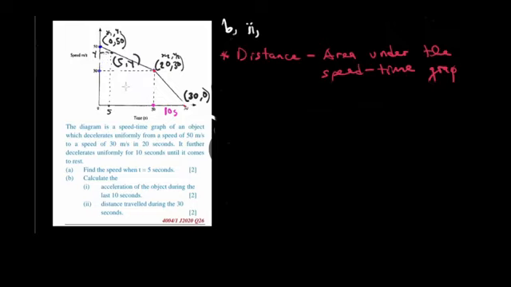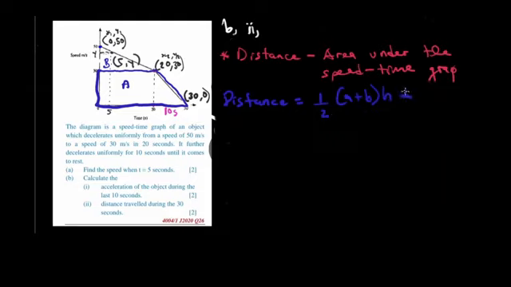You can also consider this trapezium as your shape A, and then this triangle is your shape B. So your distance is going to be equal to the area under the speed time graph, which is given by the area of a trapezium, which is half of A plus B times height, adding the area of B, which is half of base times height. So this is the area A plus area B.